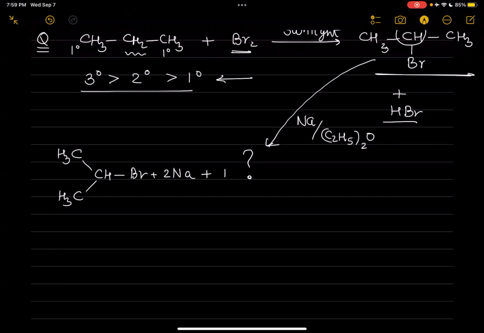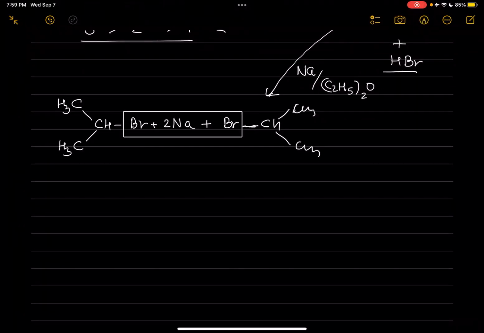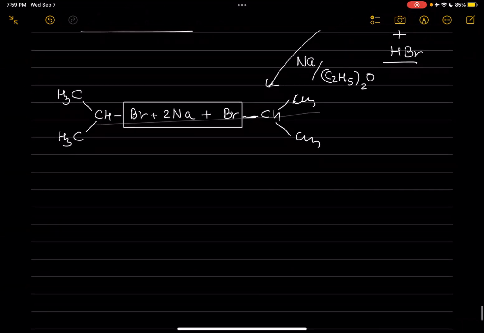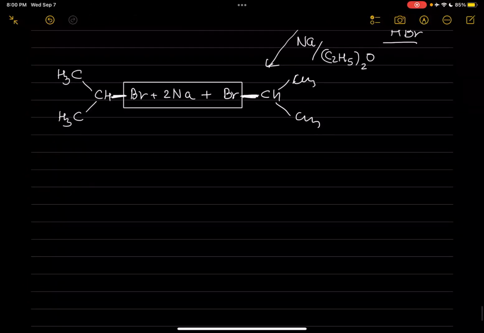It makes life easy. Just collect them and remove them. I hope you can see. So what will happen to these two bonds with which the Br atoms were connected? They will get removed, and they will join together.